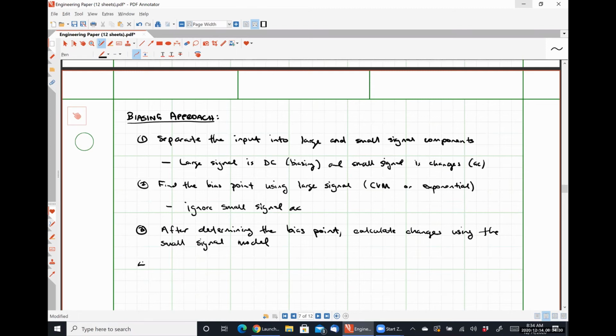And then step four, combine the results.